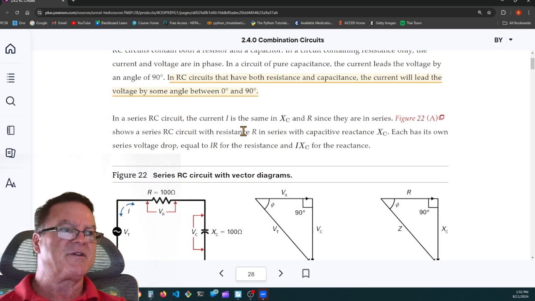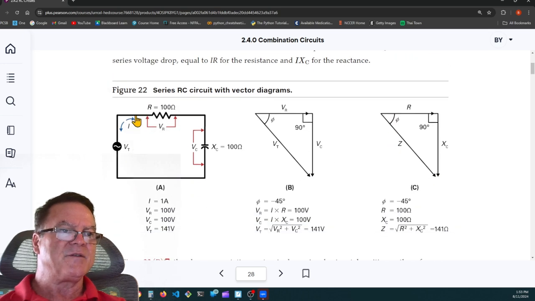In a series RC circuit, the current I is the same in X sub C and R since they're in series. Figure 22 shows a series RC circuit with resistance R in series with capacitive reactance X sub C. So there they are. They're in series. And here we have 100 ohms of resistance and 100 ohms of capacitive reactance.